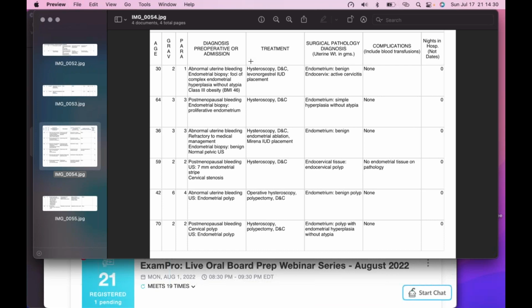Let's say that the first case is not a hysteroscopic procedure. Let's say it is abnormal uterine bleeding and chronic pelvic pain, and you're doing a laparoscopic procedure. What kind of questions could come from there?